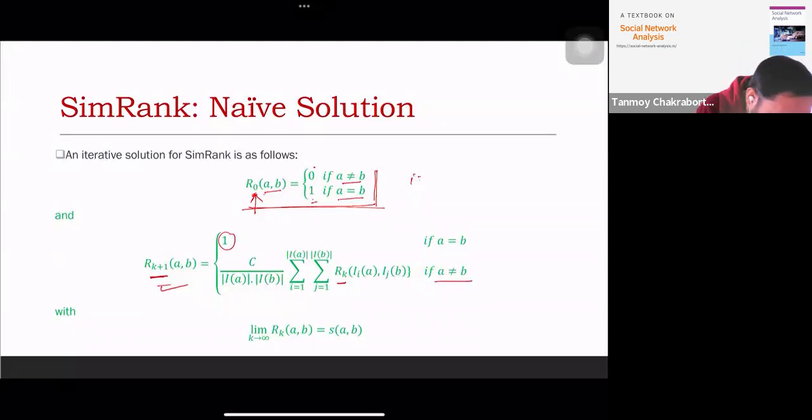So the similarity of A and B at time k plus 1 is denoted by the similarity of A's neighbors and B's neighbors at iteration k. And in this way we keep on iterating.